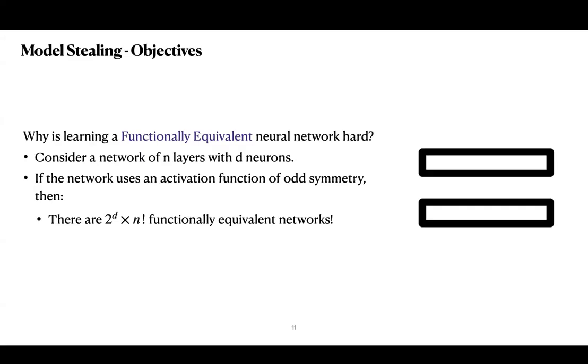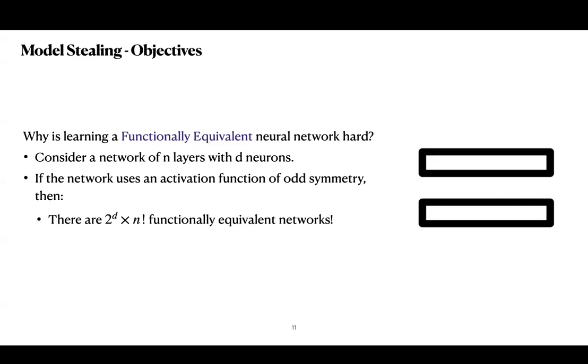I don't know if this is meant as a proof to justify why it is hard to get one. For the proofs, I would suggest you go through the paper, and this is just an example that I've provided to show that generally it's not easily feasible to learn such a functional equivalent. For the main proofs, I would suggest going to the paper.